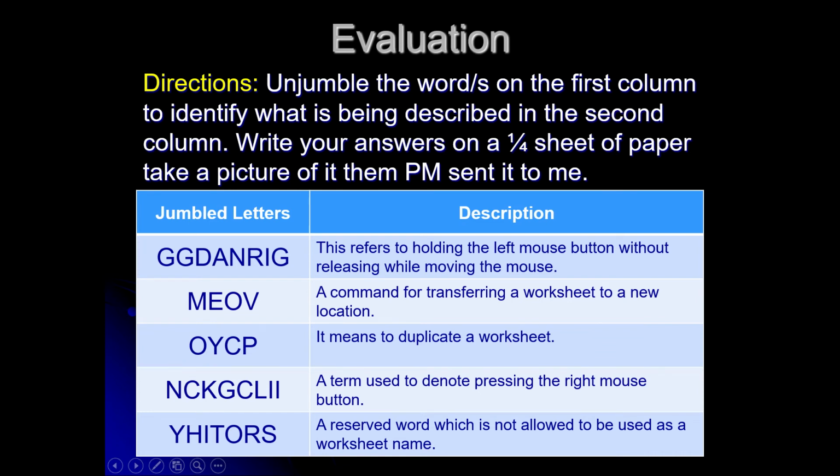A term used to denote pressing the right mouse button. And number 5, a reserved word which is not allowed to be used as a worksheet name. Write your answer on a 1/4 sheet of paper, take a picture of it, and send it to me. I'll be waiting. Are you done?